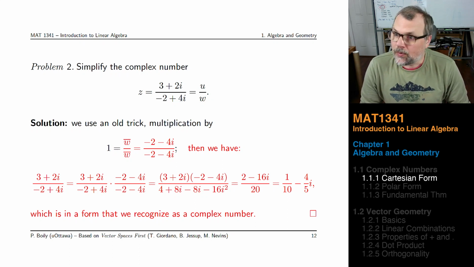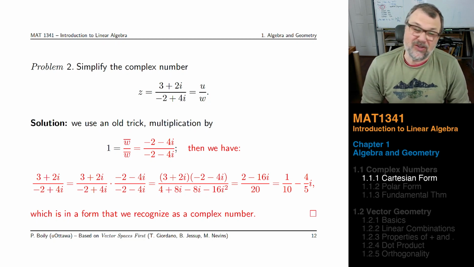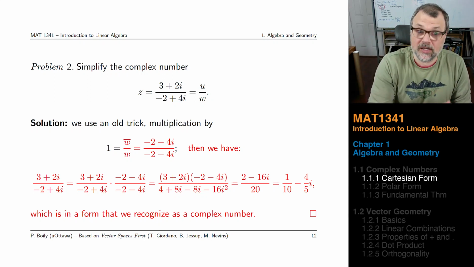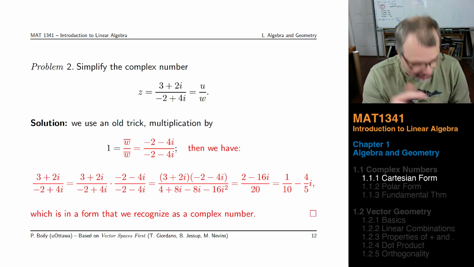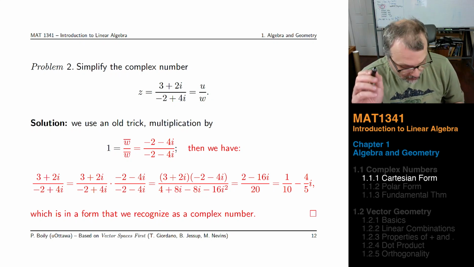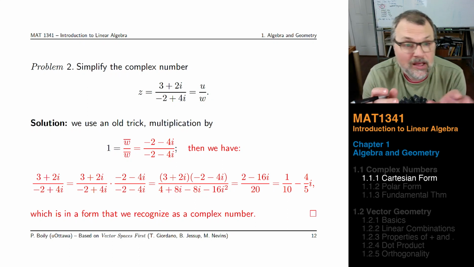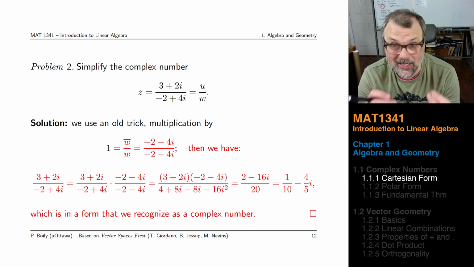All right, so we saw how to divide 1 by a complex number z. What if we don't want to divide 1 by z? What if we want to divide a complex number by another complex number? Here we use an old trick, and that trick is to multiply by 1. But we're going to try to find a very specific way to write 1.